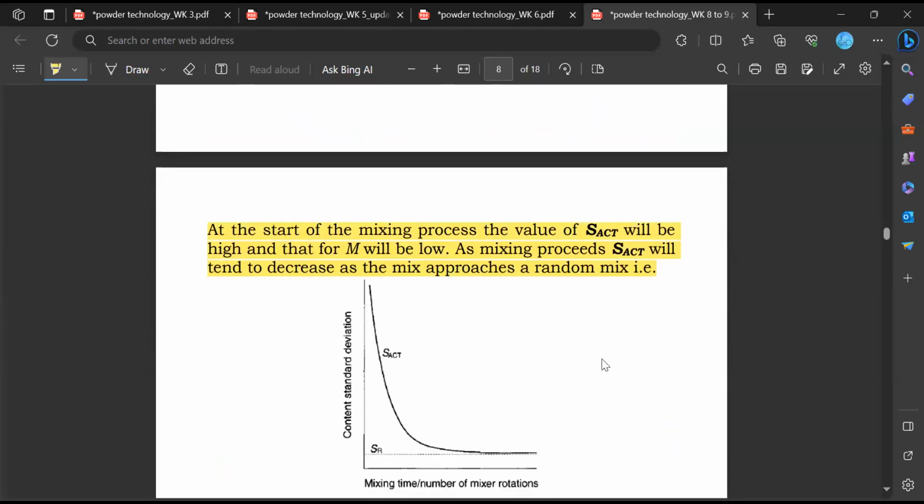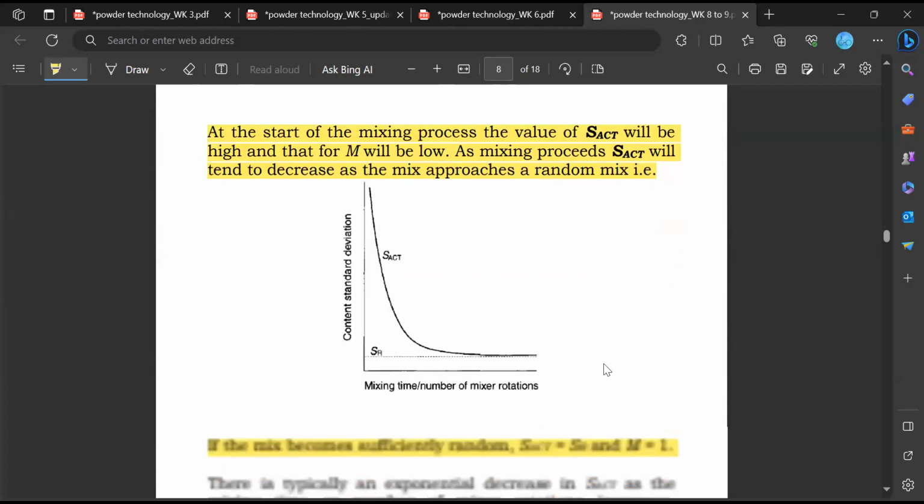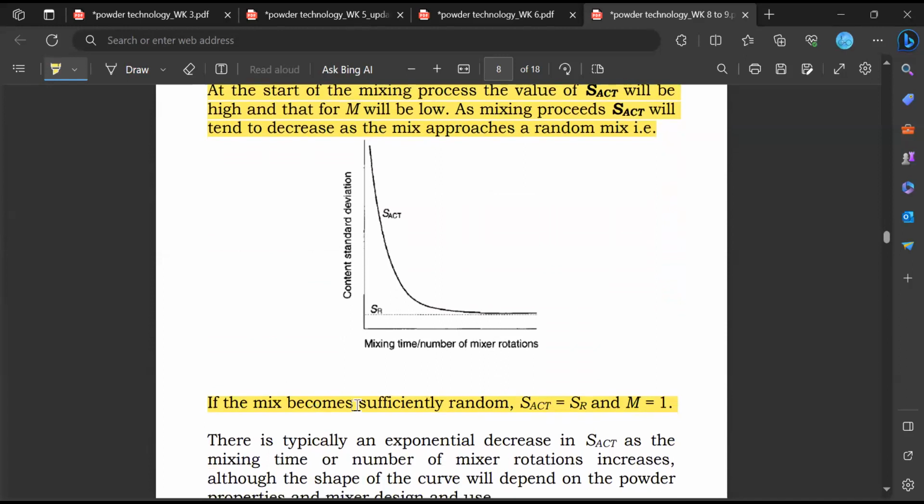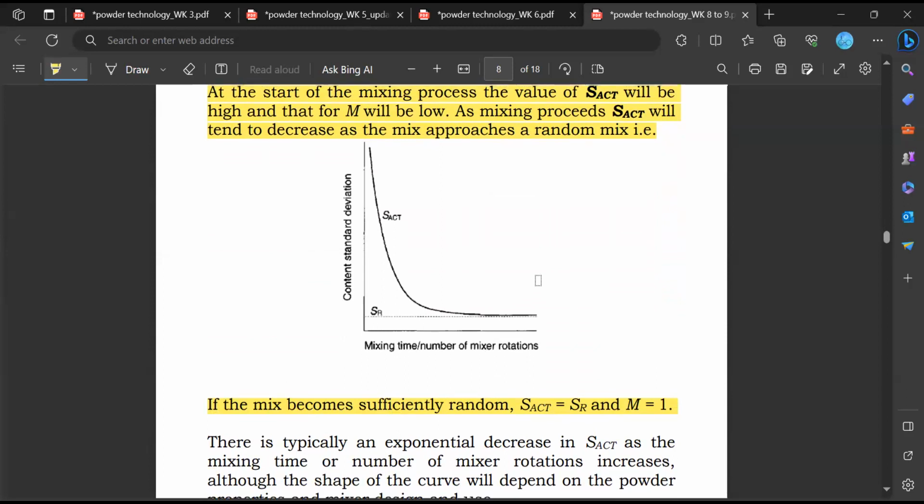But when you keep on mixing and approach a random mix, SR, or the standard deviation of the random mix, will be reached. So when the mix is sufficient, that's when SACT is equal to SR, or when M, the mixing index, is 1.